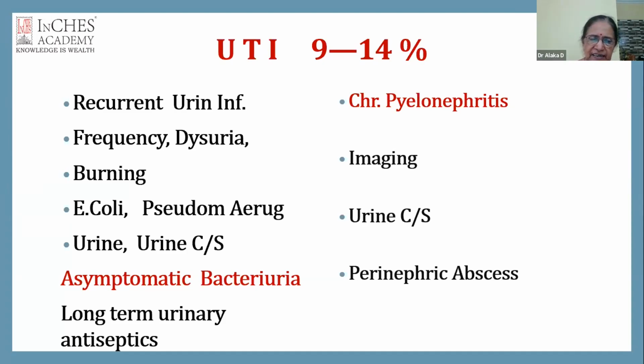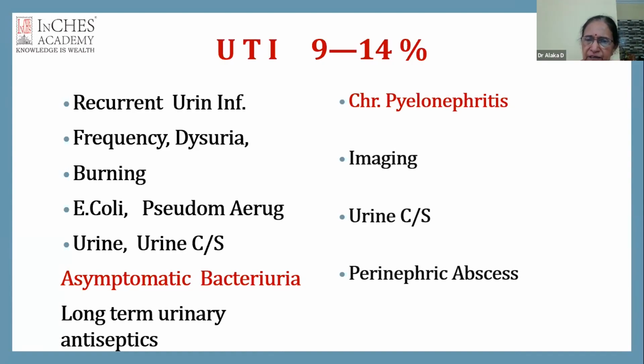And the best urinary antiseptic, as you all know, is nitrofurantoin. It is not an antibiotic, but it is an antiseptic. It inhibits the growth of these bacteria. Therefore, you have to use it 100 milligram daily, maybe for 3 to 4 months. So this is the treatment of urinary tract infection.